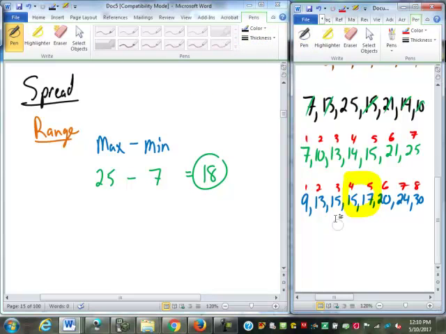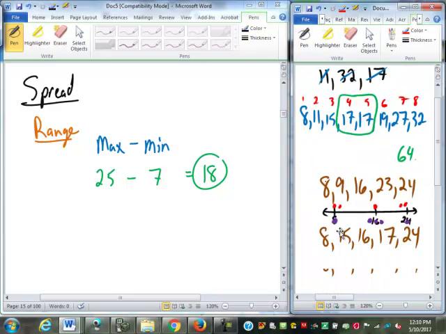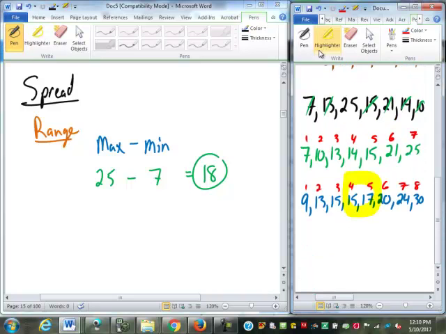That range, however, is not really good at distinguishing between sets. Precision was a term we threw out there. If I put two sets up here, let's do a 12, 15, 16, 17, and 24. Is that going to work?